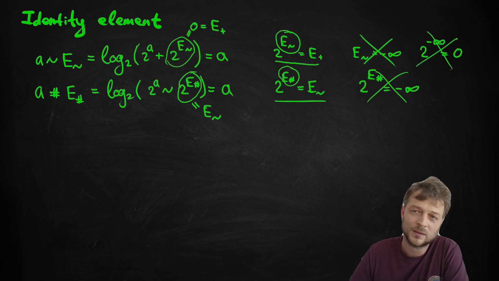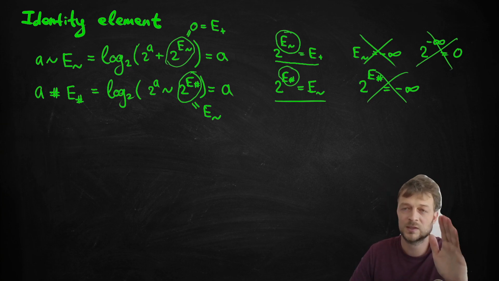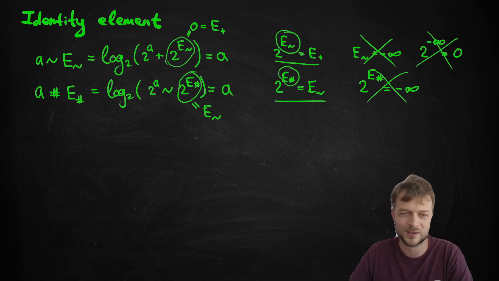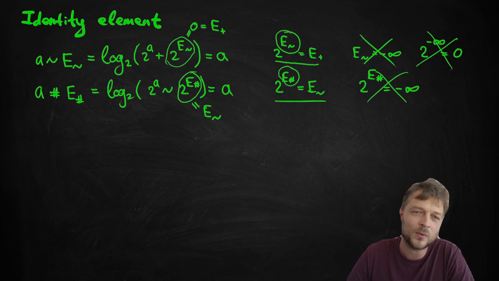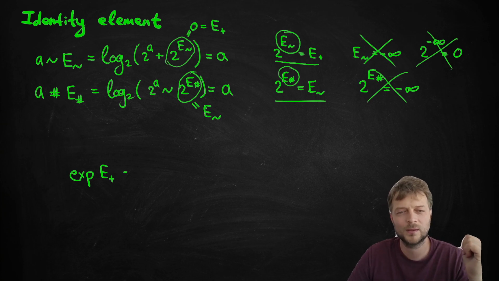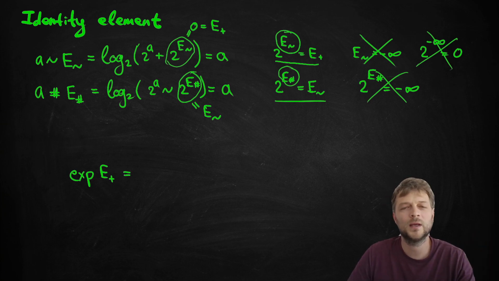Let's have a ladder of these identity elements now. We know that if we take the exponent of E plus, for example, 2 to the power 0, we get 1.